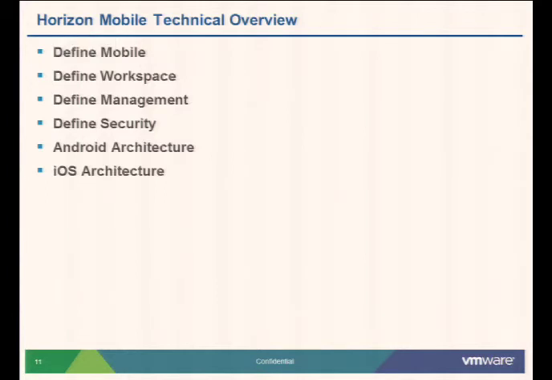I'll start off with defining what we mean by mobile on a technical level, what we mean by a workspace, what we mean by management, since that's part of the key pieces here, and what we mean by security. Security means many things to many people. Then we'll take a dive into the Android architecture, and finish up with a dive into the iOS architecture itself.